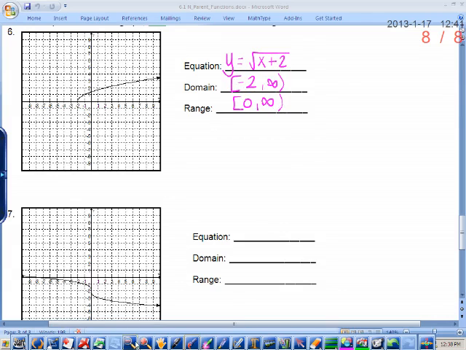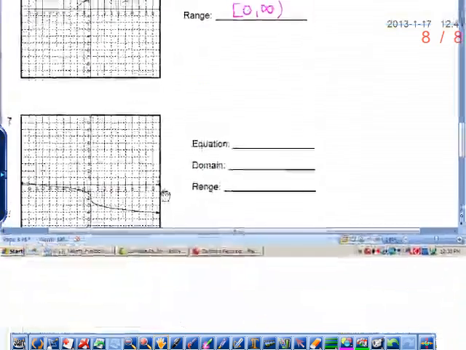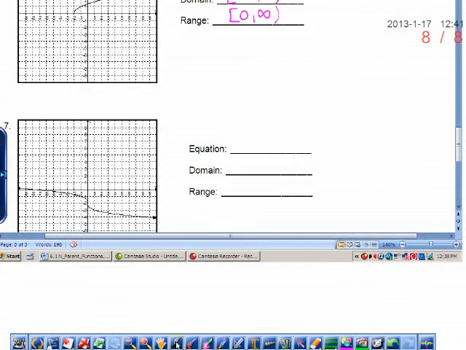All right, so let's talk about number 7. What transformations have been applied? Okay, how many of you thought it was reflected over the x-axis? Okay, how many of you thought it was reflected over the y-axis? In this case, either reflection works, because there's no horizontal translation.